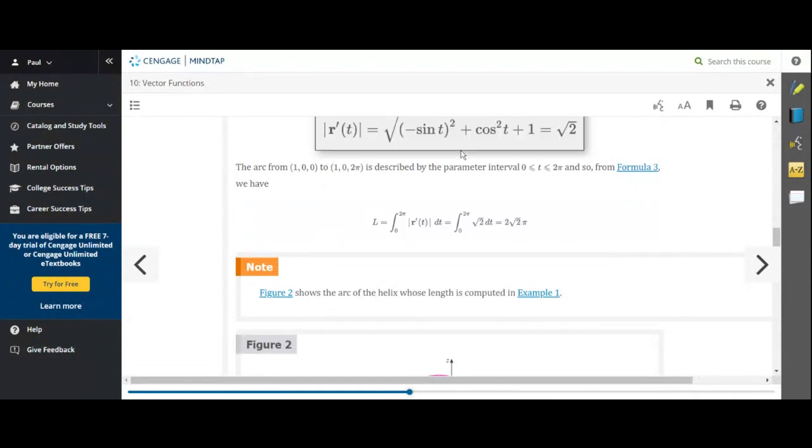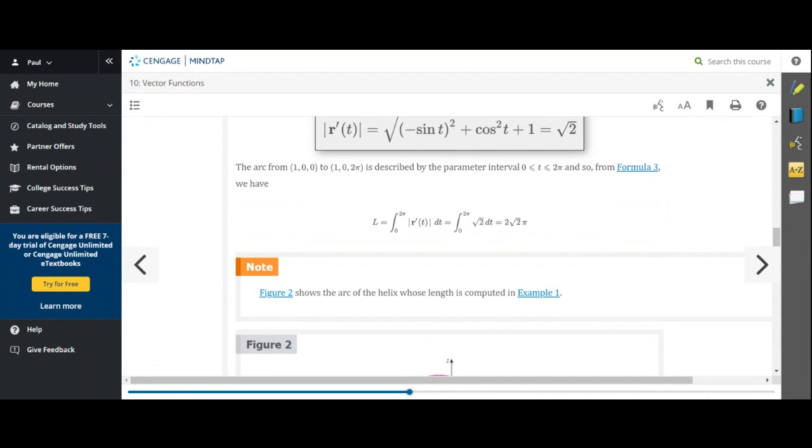Here, they use the trig identity sine squared plus cosine squared equals 1. But sometimes that won't work. Sometimes you can factor the expression under the square root, write it as a quantity squared, and then the square root of that quantity squared comes out.